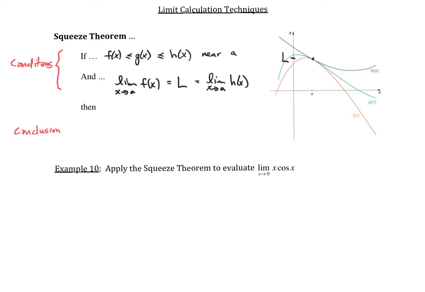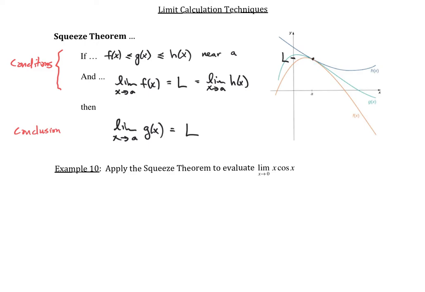The conclusion is that the limit as x goes to a of g of x, the function we actually care about, the function that's squeezed in the middle, this guy is also equal to L. Okay. So the idea is if the top function and the bottom function both go to the same number, then g of x is squeezed in between those two functions, and g of x must also go to that number.